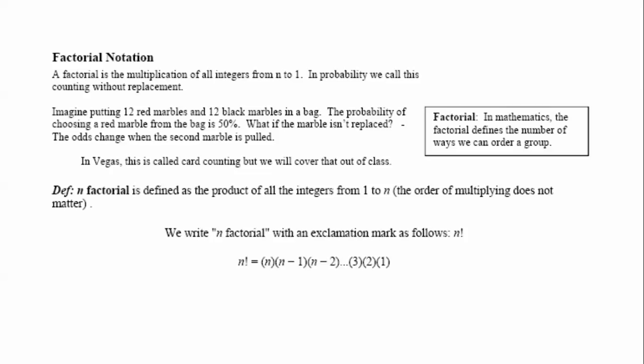So imagine putting 12 red marbles and 12 black marbles in a bag. The probability of choosing a red marble from the bag is 50%. But what if the marble isn't replaced? Well, now that probability changes. The odds change.